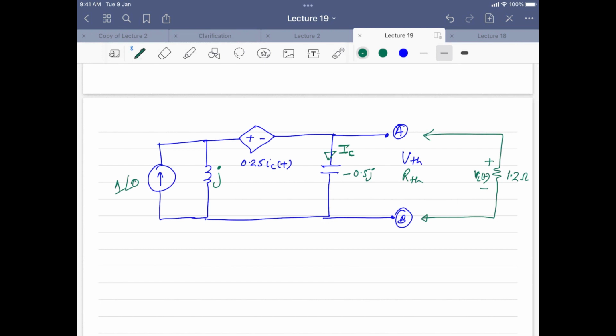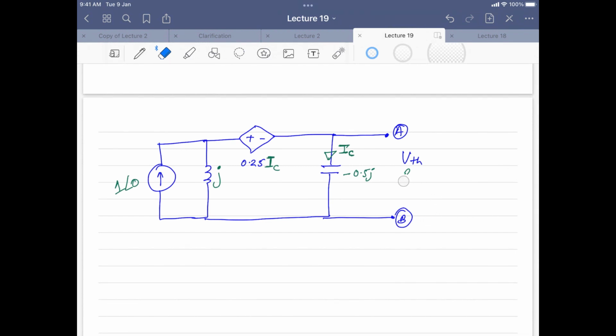This will again change to modulus I C, because we are in phasor format. What we are doing is calculating VTH first. VTH is this voltage, that is VAB, the same as VTH.